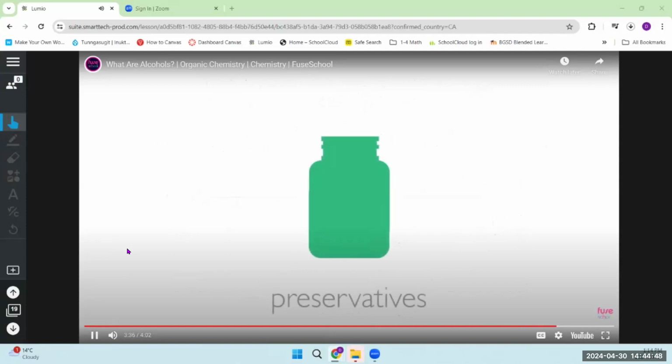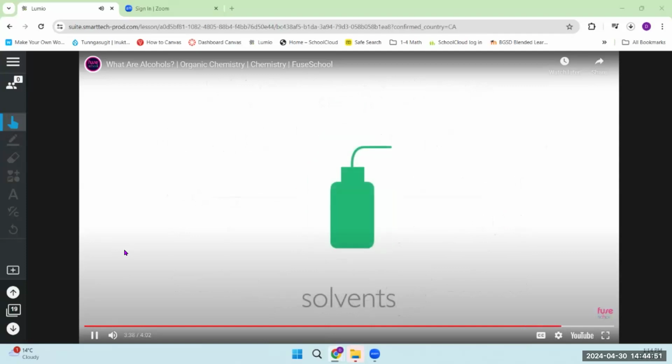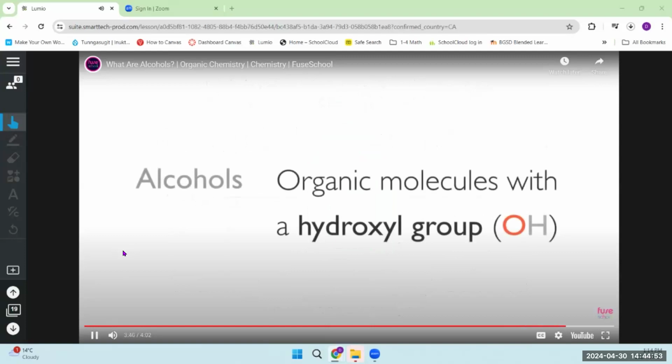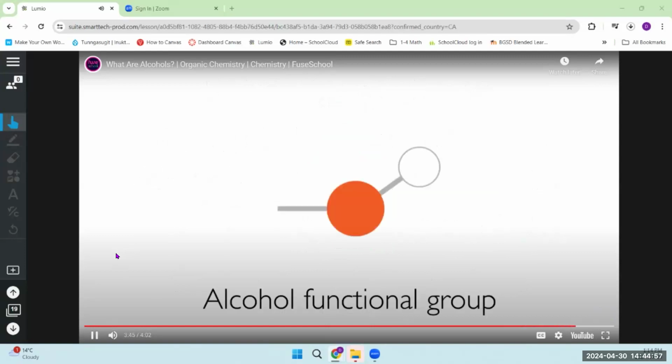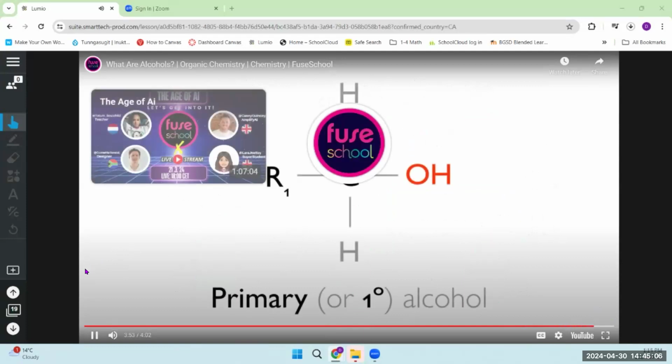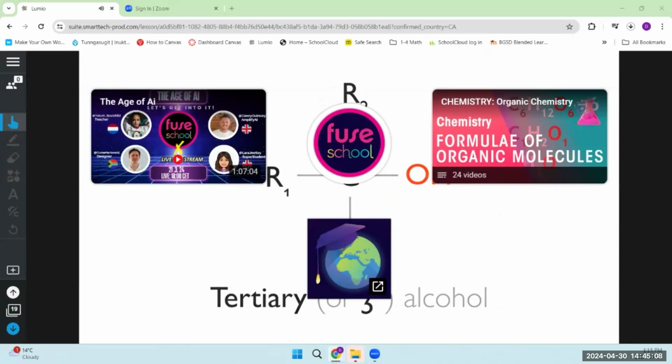Other uses of alcohols are as fuels, preservatives, and solvents. Now, at the end of this tutorial, you should be able to identify the alcohol functional group, name alcohols, understand their uses, and be able to categorize them as primary, secondary, or tertiary.